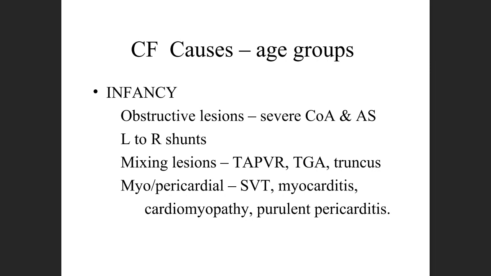This condition of purulent pericarditis usually occurs when there's a bacterial pneumonia, such as a staphylococcal pneumonia. And what happens is that pus accumulates in the pericardial cavity.